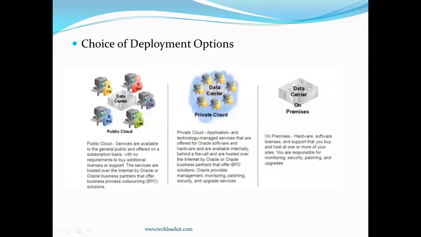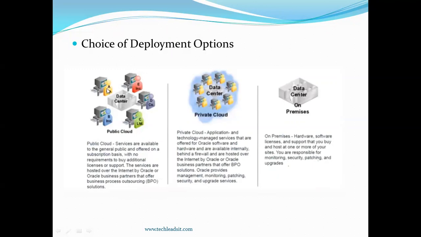If you see here, A, B, C, D, E are business partners for Oracle. A is one of the business partners, B is another, and Oracle shares the data with these business partners. These business partners are consuming the services from these data centers provided by Oracle.